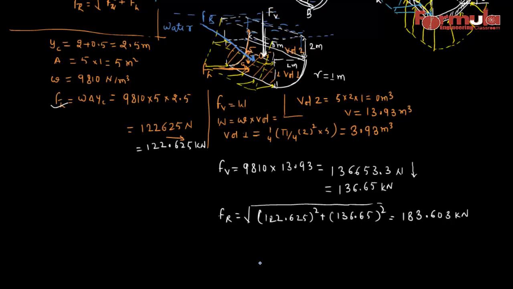So here I'm drawing this is our Fh, this is our Fv, and the resultant force is going to be like that. If you want to find the direction, you can also find it. Let's say this is theta here. You can easily calculate theta, because we know the value of Fr, the value of Fh, and the value of Fv here. Okay, so I think the point is clear.